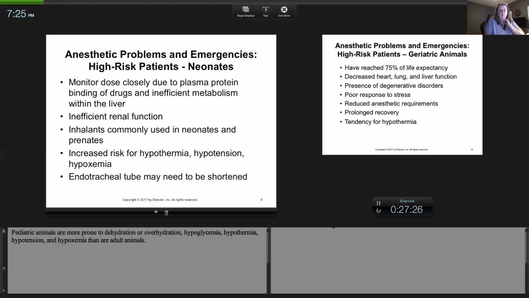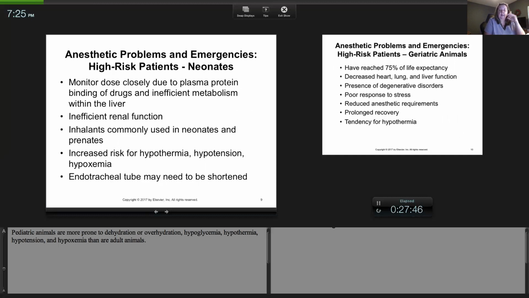One thing that we have to watch for is if we have drugs that are highly protein bound. I talked about propofol. I've talked about Valium to some degree. Pentothal used to be really bad. Alfaxan to some degree.